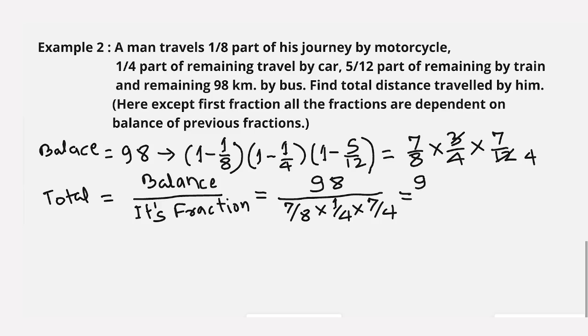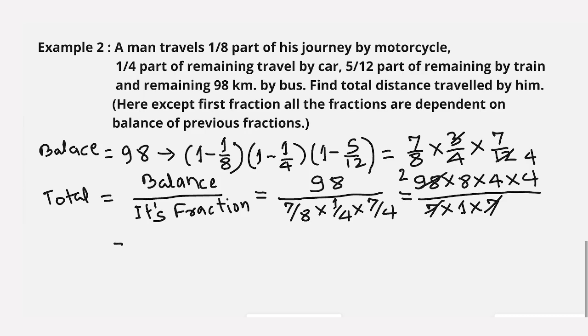So that comes out to be 98 multiplied by 8 multiplied by 4 multiplied by 4 upon 7 multiplied by 1 multiplied by 7. 7 times 7 is 49 and 49 divides 98 for 2 times.